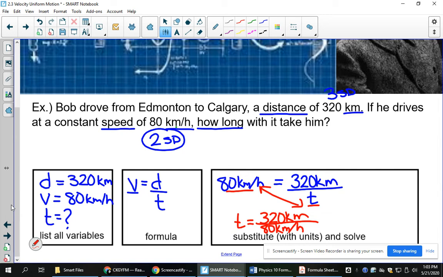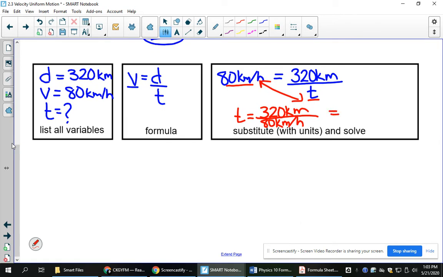So here we go. In your calculator, you can divide those 2 numbers, and you should get 4. If you just write 4 as your final answer, you're going to lose a few marks because first of all, you don't have the proper sig digs, and second of all, you don't have units. We need to know, is it 4 seconds, 4 hours, 4 alligators?